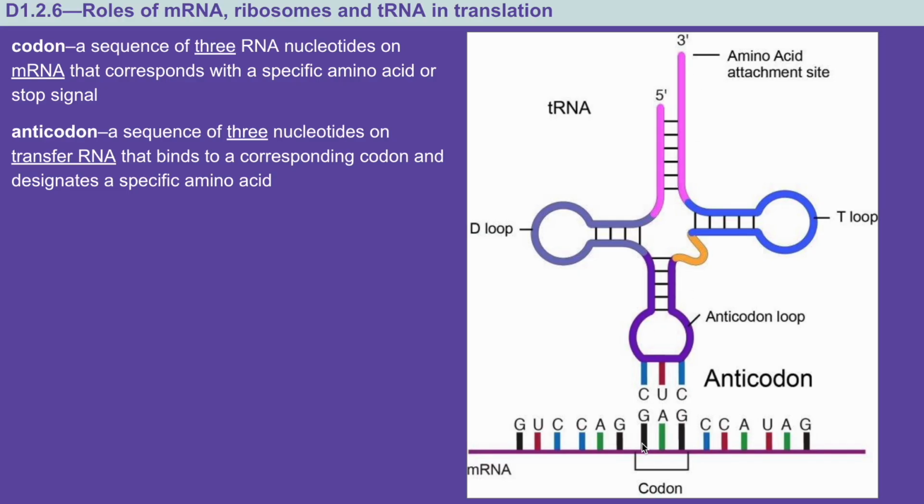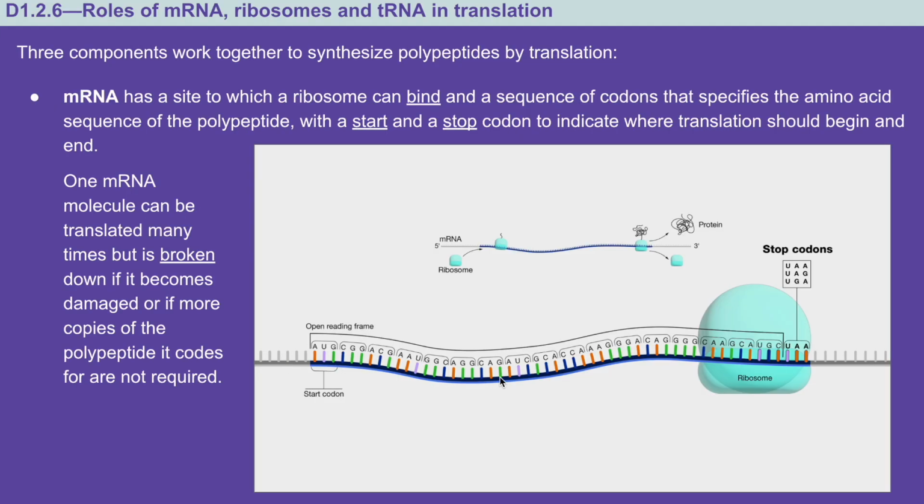So the sequence of the amino acids is determined by the sequence of bases in the codon, because they are only going to match up with a specific complementary anticodon, and that anticodon is going to carry a specific amino acid. Here is our mRNA. Again, you can see every 3 bases is 1 codon.